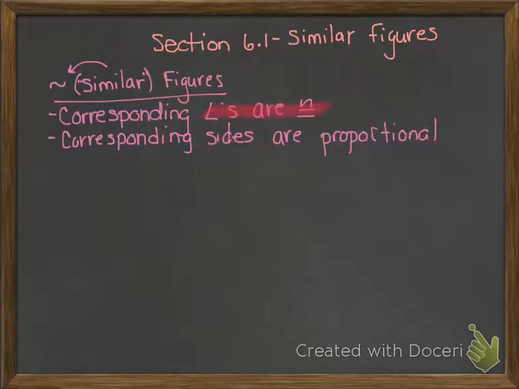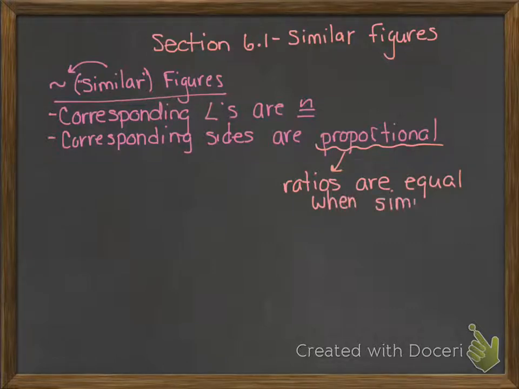Angles being congruent, that's super easy. What we've been doing all along, just angles are exactly the same. Sides are proportional. What that means is that they have the same ratio. When you simplify the ratios, they're going to be equal. If the ratios are equal, then I have proportional sides.